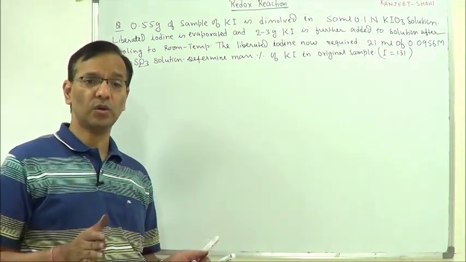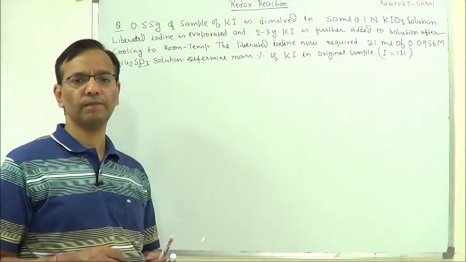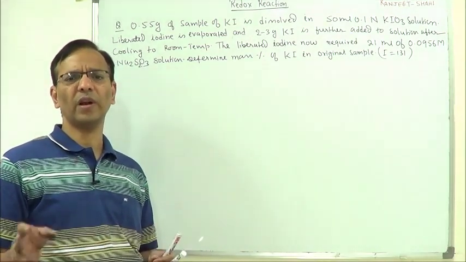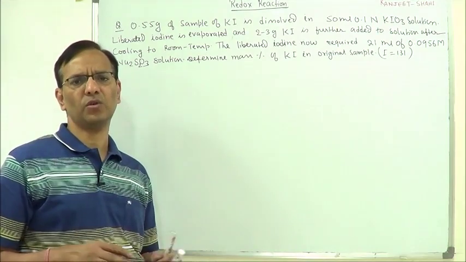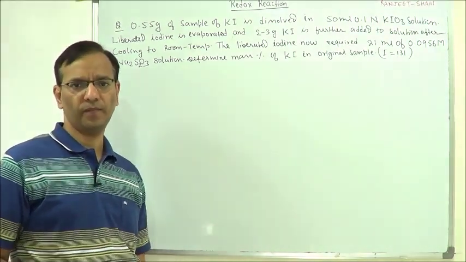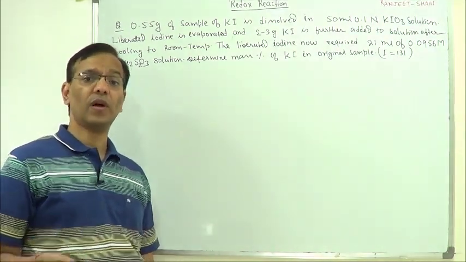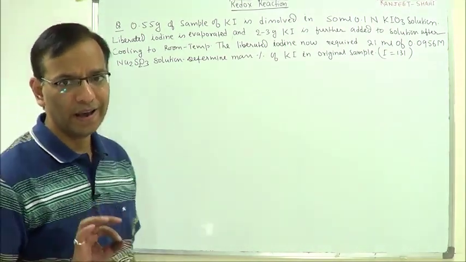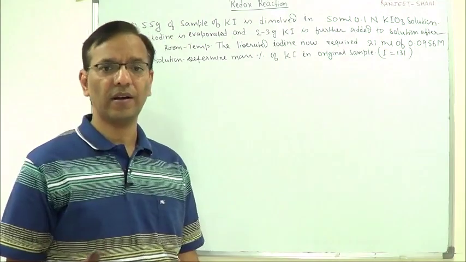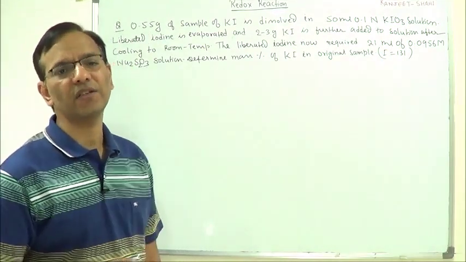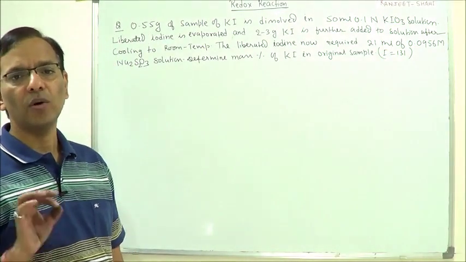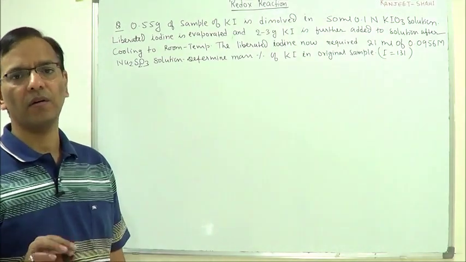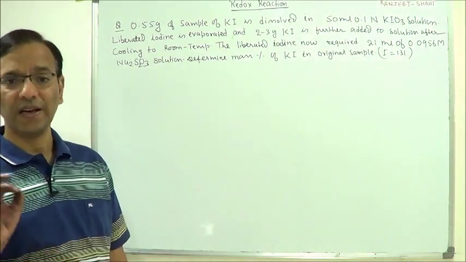Now to the resulting solution after cooling, 2-3 gram KI, which is excess for the present case, is added. Further iodine is liberated. On adding KI, further iodine is liberated, indicating that in the first stage KIO3, potassium iodate, was in excess.